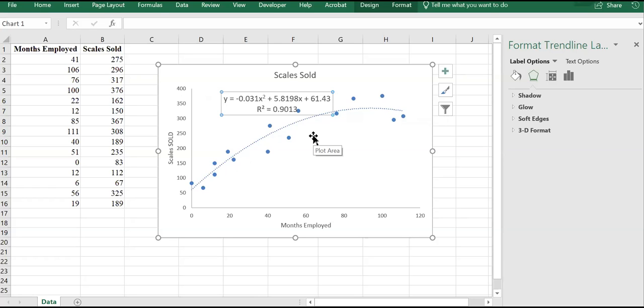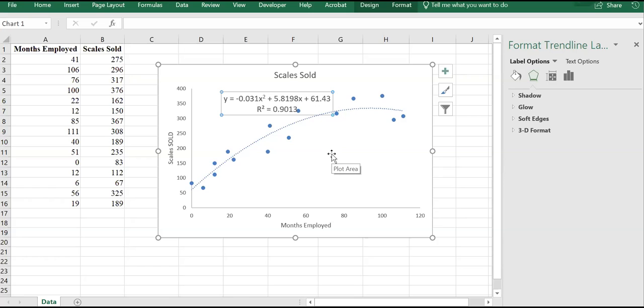Like the slope was the rate of change in y with respect to a 1 unit increase in x, for example, right? That's how we define slope. But how about here? What do we get from these numbers? Just think about it. Maybe pause the video and think about this one.